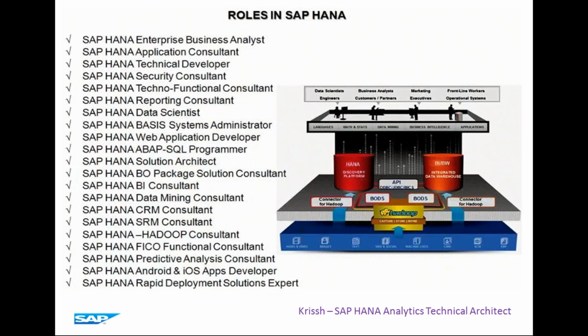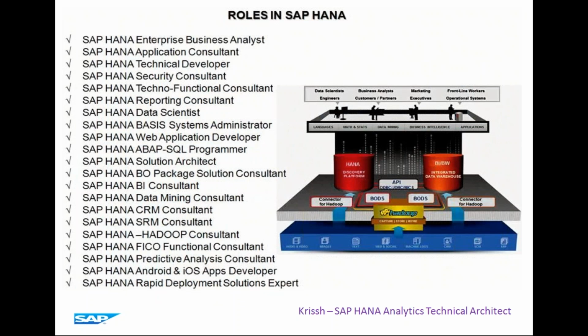Application consultants, technical developers, security consultants, techno-functional consultant, reporting consultant, data scientist, basis system administrator, web application developer, ABAP SQL programmer, solution architect, BO package solution consultant, BI consultant, data mining consultant, CRM, HANA Hadoop consultant, HANA Pico, HANA predictive analytics, HANA Android iOS app developer, all these things.